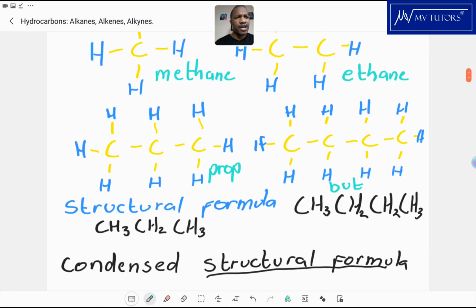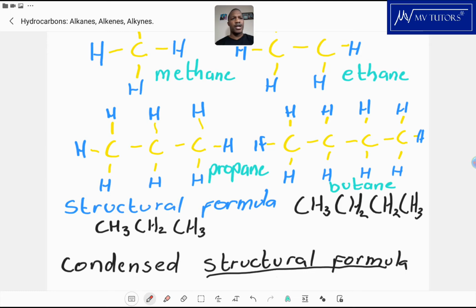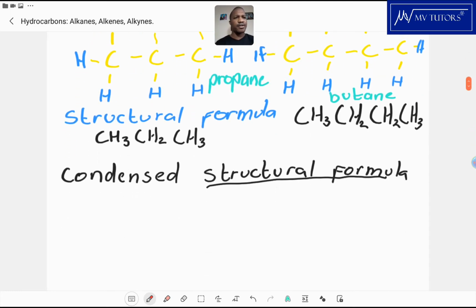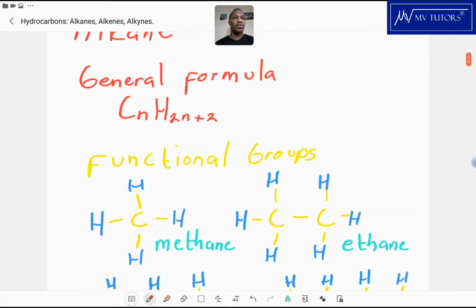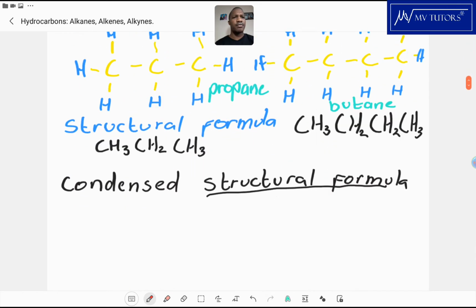Prop plus ane makes propane. But plus ane makes butane. Now we are done with the naming of it. But one last thing I want to talk about is what we call the molecular formula.